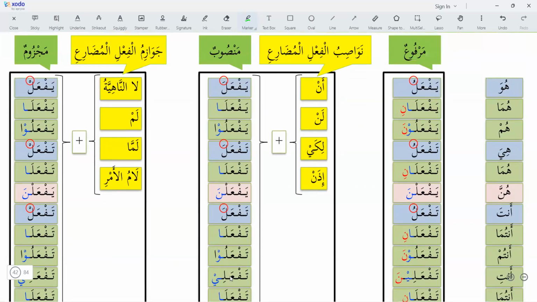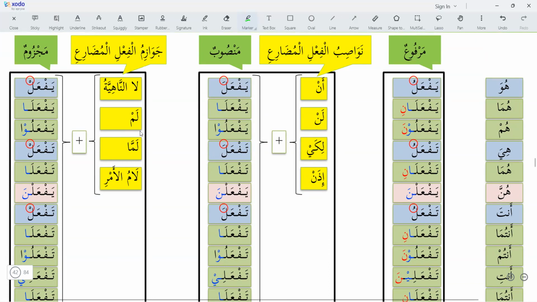Then there are four particles: la of nahy, lam, lamma, then lam of amr. When these particles enter the fi'l mudare, they make the verb majzum. La yaf'al.